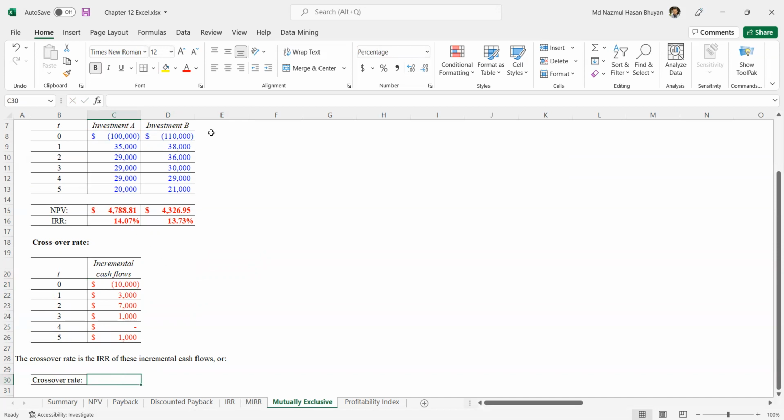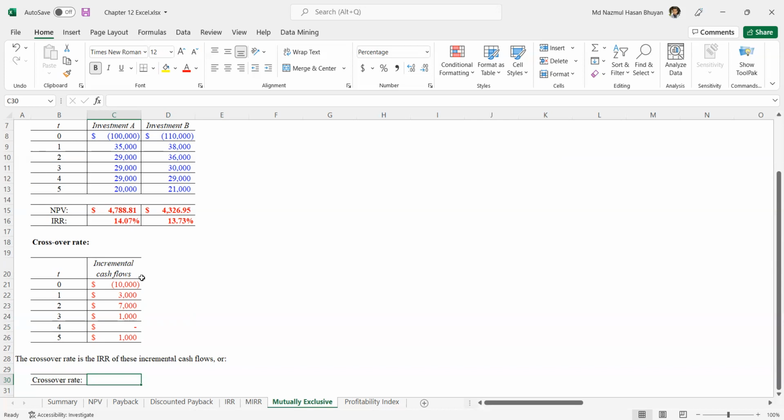So here you can see if I take the difference between investment B and investment A, then I get just one negative cash flow. However, if I choose to take the difference between investment A cash flow and investment B cash flow, then I'm going to have multiple negative cash flows.